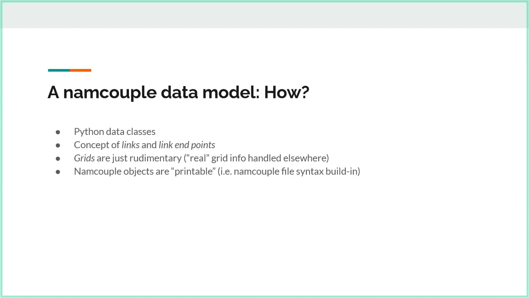When you say print NumCouple, it will write the NumCouple syntax on your screen or in a file. You can build the NumCouple syntax into the code. You have an object and you can print it, modify it, and then print it again.